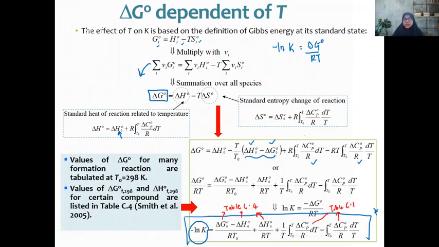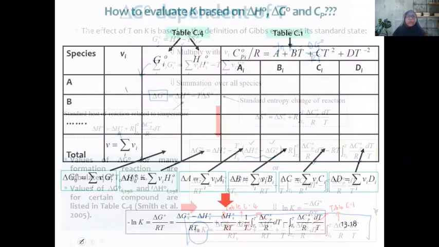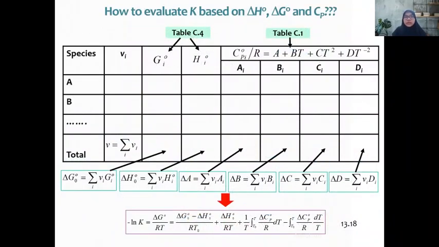For each species, it has its own value of the change of the standard Gibbs energy and standard enthalpy at the reference temperature, and from the table, the reference temperature is at 298 Kelvin. This table summarizes the method of how we can evaluate the equilibrium constant based on the change of the standard enthalpy, the change of the standard Gibbs energy, and also the Cp.